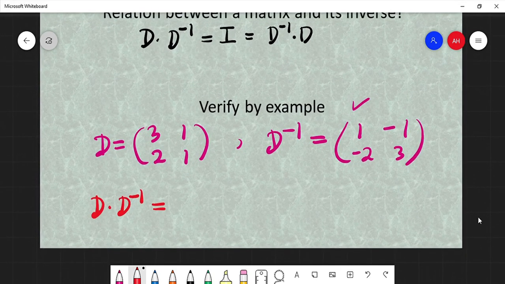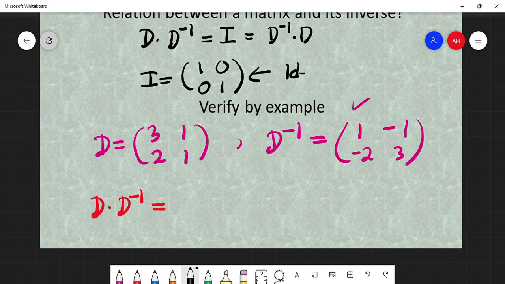This is the identity matrix for a 2 by 2 matrix, that is 1, 0, 0, 1. If we multiply D by D inverse, we are supposed to get the identity matrix.